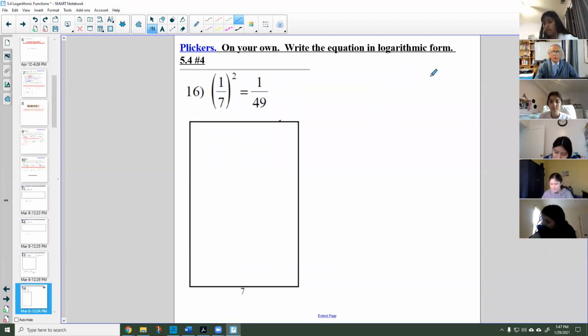All right. Oh, this one's looking a little bit like a fraction happening here. So again, logarithmic form. How do we write this in logarithmic form?